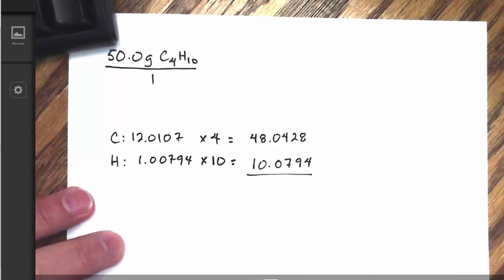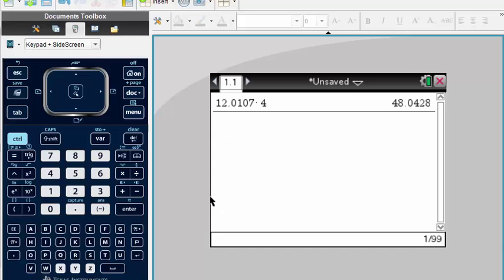And we can add these together now. So this number that I've got on the screen plus 10.0794, and we get 58.1222.